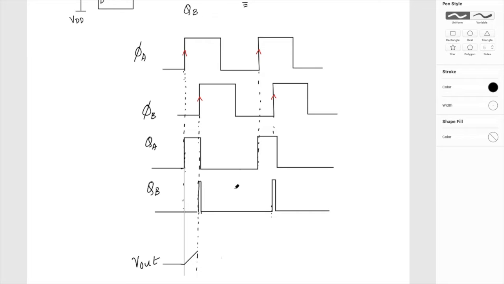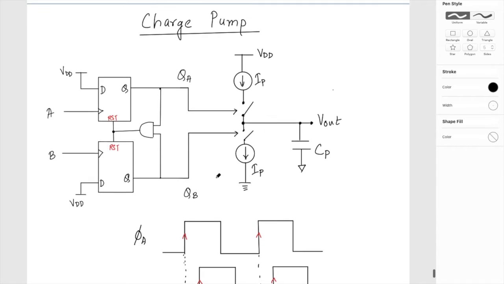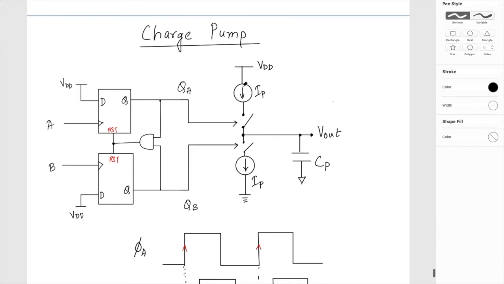Of course, during this period there will be a small time duration where both QA and QB are on. During that period, the whole of this current is going to flow from VDD to the ground, and the capacitor is neither going to be charged nor discharged, so it's going to maintain itself.